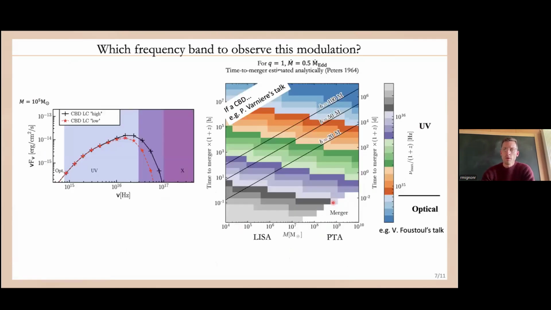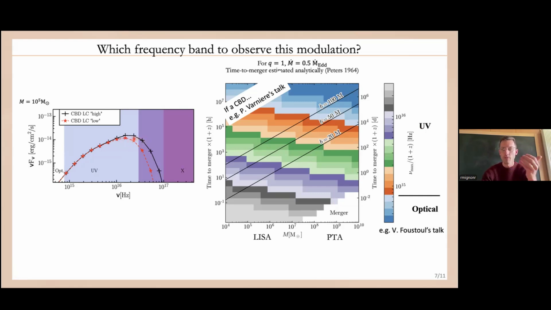Now, if we want to actually observe those signatures, we need to focus on one band in particular. So here, what we show is that the lump, as it orbits, is restricted to the hottest region of the circumbinary disk, and therefore it's associated with spectral changes that only occur in the highest frequency part of the spectrum.